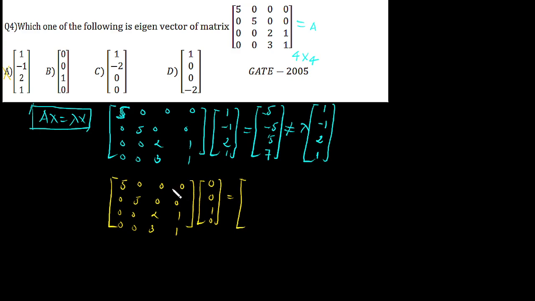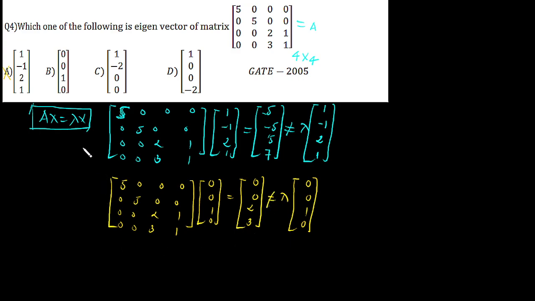Here the first entry will be 0, the second will also be 0, the third entry will be 2, and the last one is 3. Now again let's represent this as lambda times the initial one, and the initial vector is this one: 2, 2, 1, 0. Again we are not going to get any scalar to represent this vector in this form. So again let's put not equal to here.